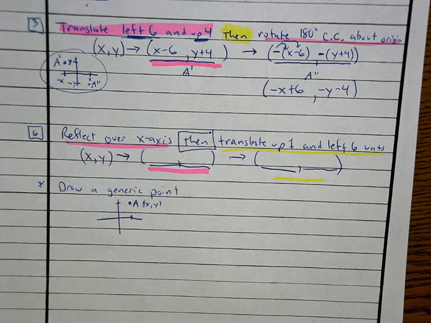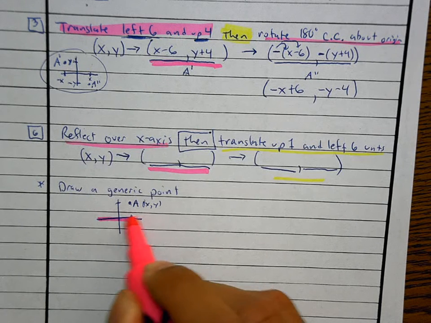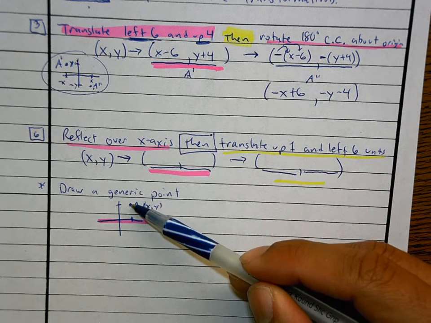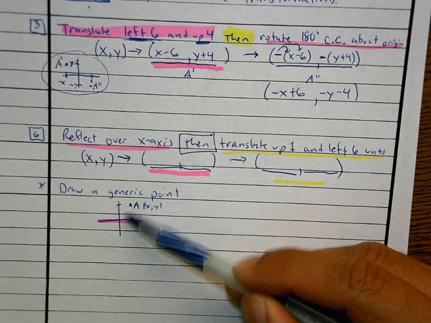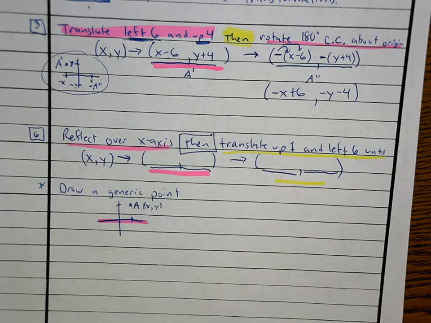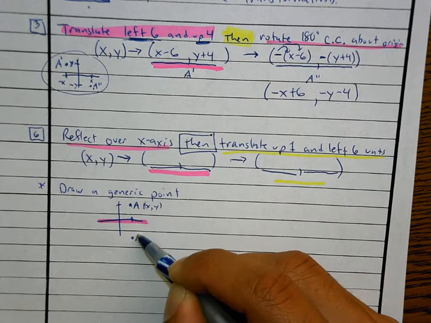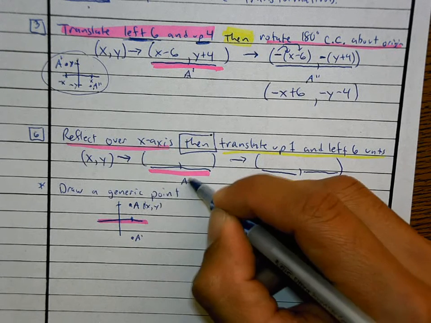Is it horizontal or vertical? Horizontal. Those of you who said horizontal, you are correct. There's my x-axis. That means that this A value has to bounce or go over this pink line and shows up down here. This is where A prime is going to be, right?